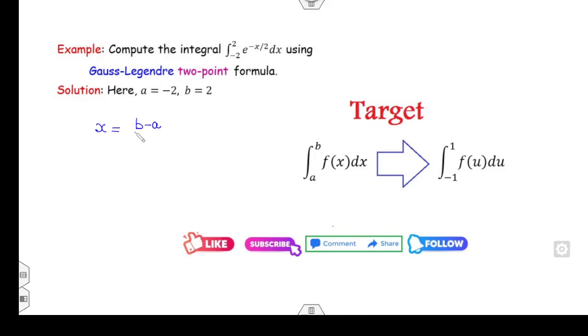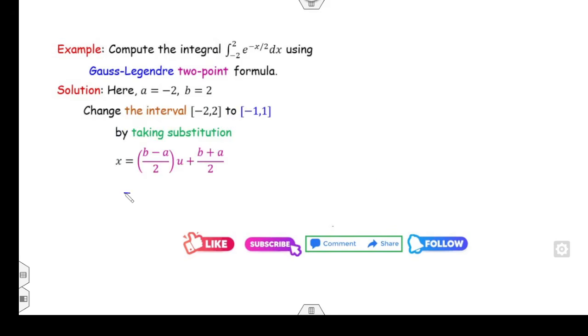I can use the substitution x is equal to (b minus a) divided by 2 times u, plus (b plus a) divided by 2. I can substitute the values: b is 2, a is minus 2. So it's 4 over 2, and this term is 0. That means x is equal to twice of u.